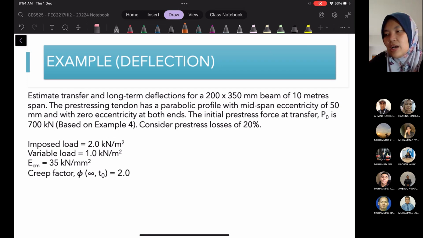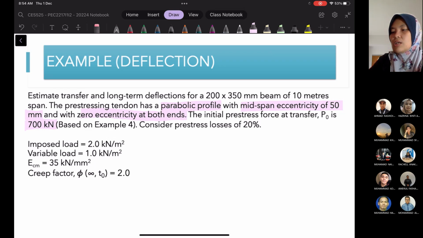I have already shown you that we used the Magnel diagram, and we have already determined the value of the initial pre-stress force, which we decided to take as 700 kilonewton. In terms of the profile, we have chosen a parabolic profile with mid-span eccentricity of 50 mm. This is also from the previous example, the cable zone profile, with zero eccentricity at both ends.